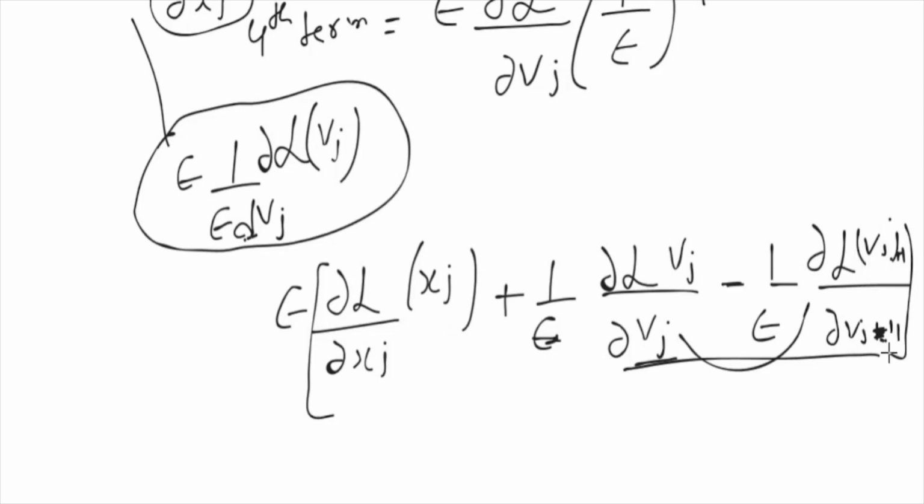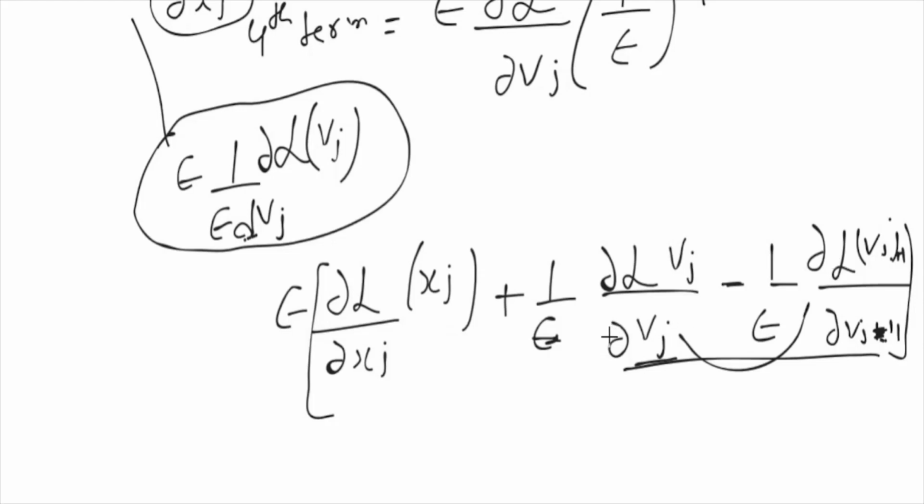This is also derivative of Lagrangian with respect to velocity, but at two neighboring points. If it is divided by epsilon, and as epsilon is very small, it is just the derivative.